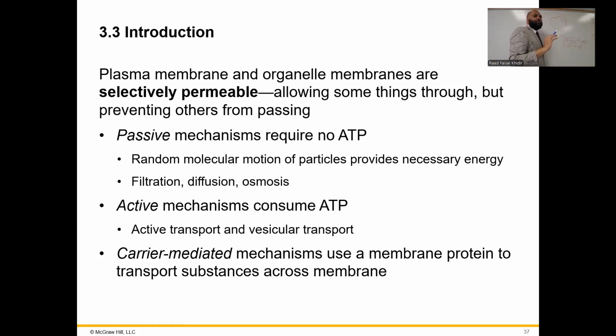That's the natural movement. Does it require ATP? Does it require energy? No, because it's natural. You're going from 500 to 100. What about potassium? Because there's a lot of potassium, 500 inside, 100 outside, the natural movement is to move outside.